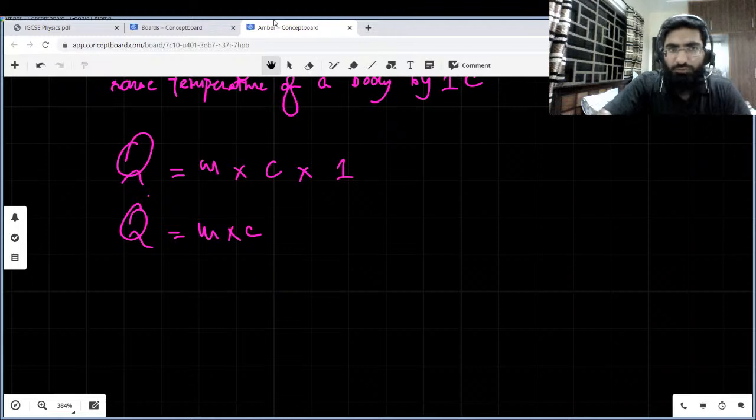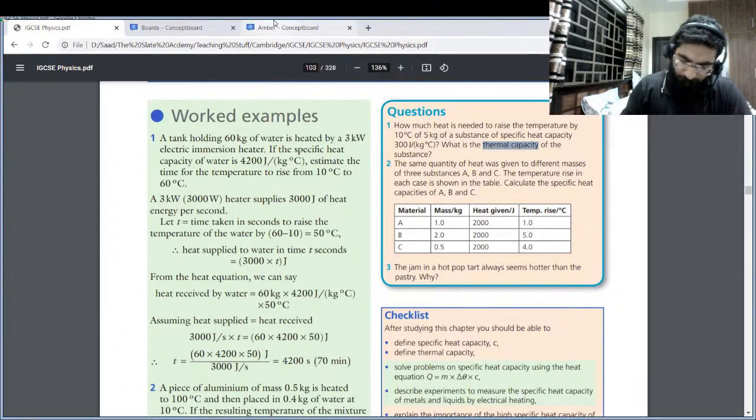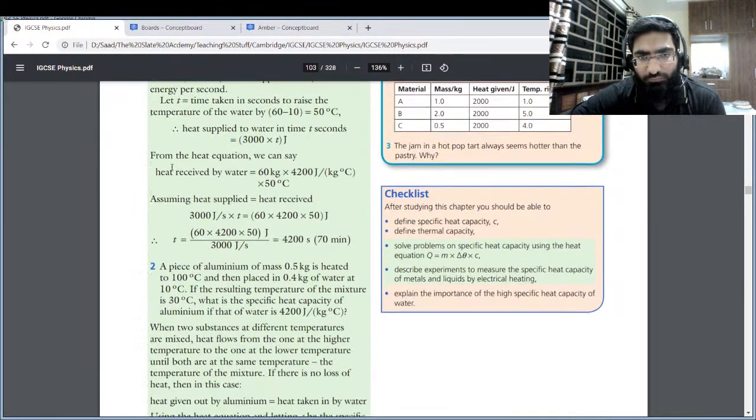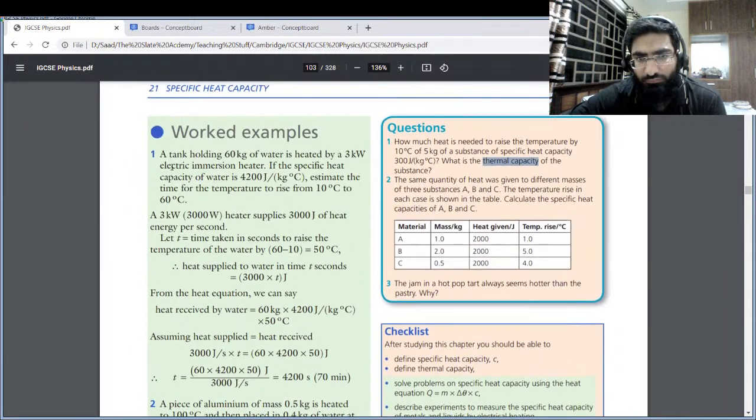Q is equal to MC. Wait, I'm not sure about this one.